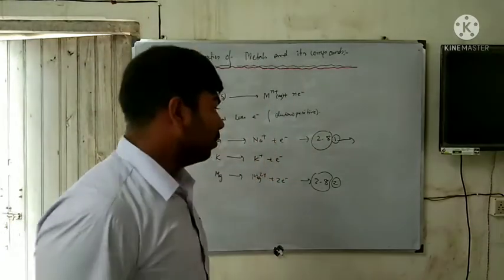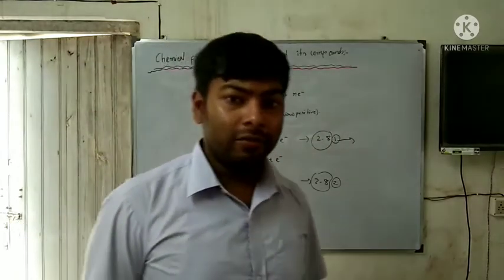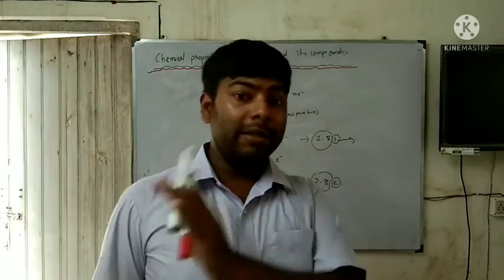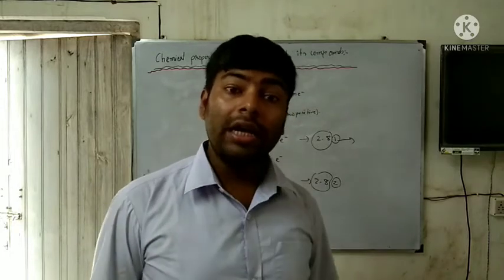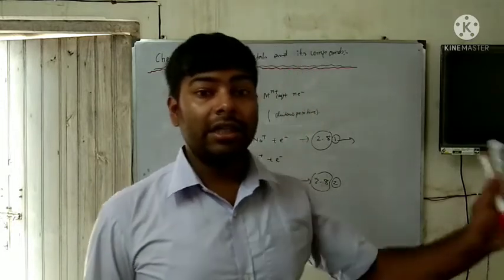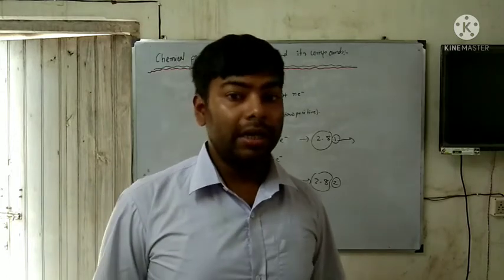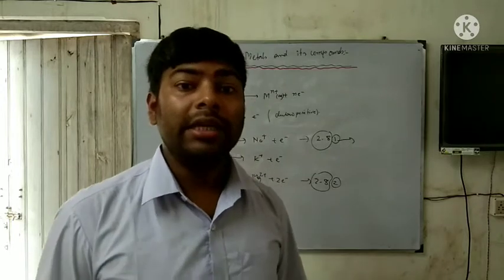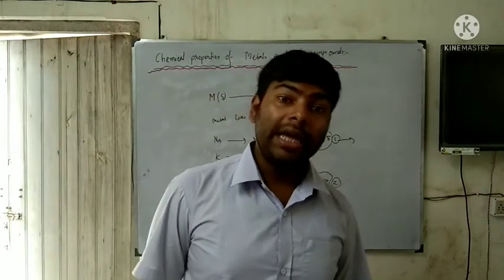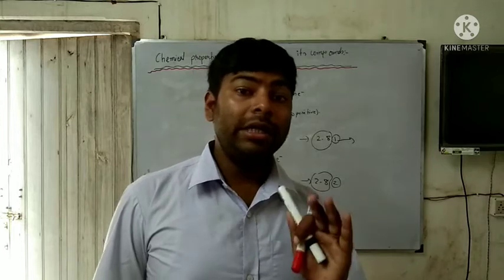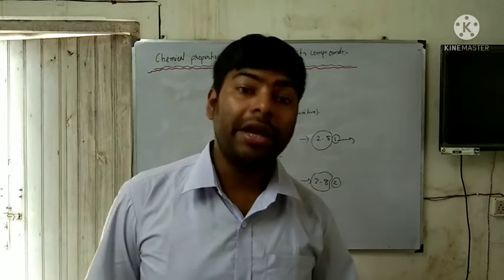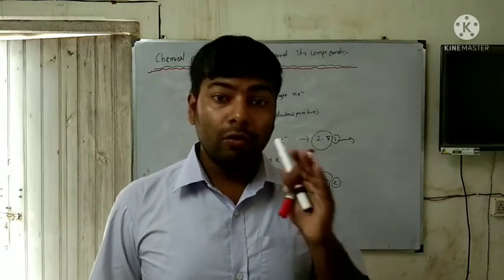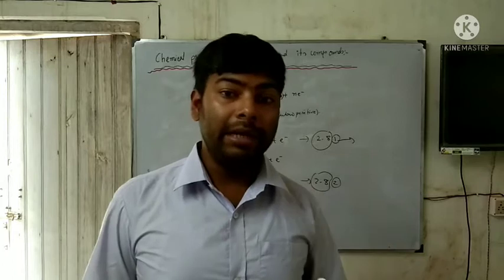Now, what about the metals in our modern periodic table? Remember, in the modern periodic table, the left elements are all metals and the right side elements are non-metals. In the middle of left and right we have some metalloids also. Metalloids are elements which can act as both a metal and a non-metal, but it depends on the conditions at which you are reacting that element.